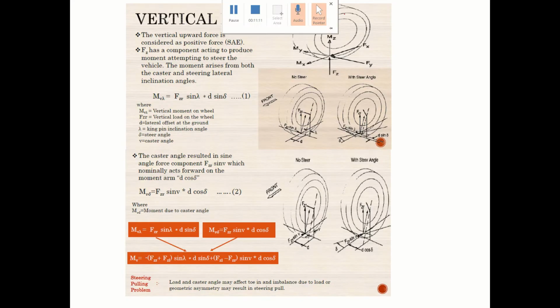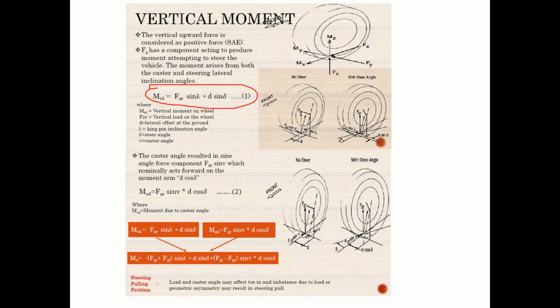Probably, you see, it's taken from one of Gillespie's books. So you can see here the vertical force considering steering axis inclination, then the vertical force considering nu, that is the caster angle, you'll get this.